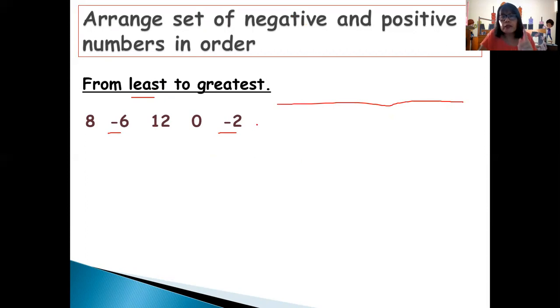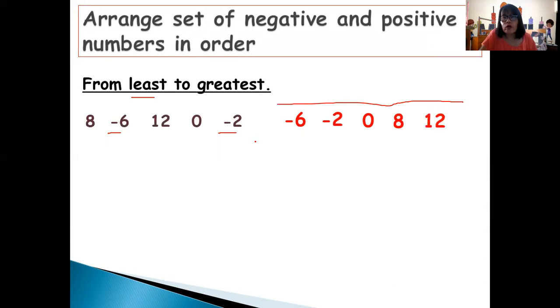So which one should be to the left, meaning the least, the smallest? Okay, so we have -6 and -2. Which one is the smallest? Yes, you're right, -6. And what will be the next? -2, of course, then 0, and then 8, and then 12.